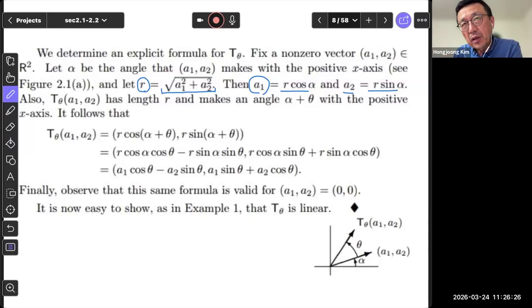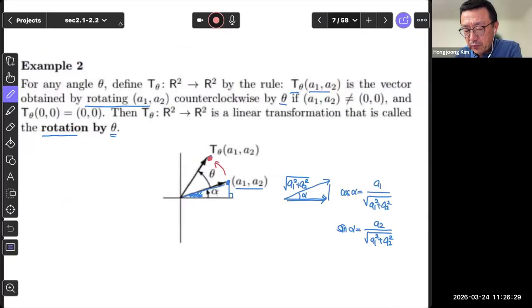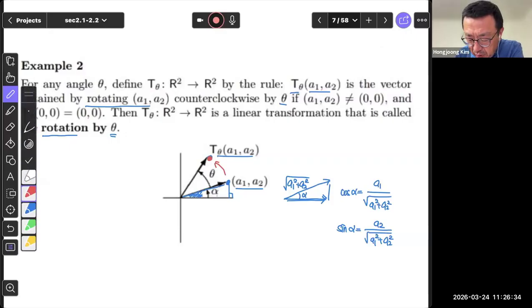Now, if I apply the same logic to the previous figure, when I consider the image vector T sub theta of a1 and a2, it will introduce a right triangle as well. In that case, the angle between this arrow and the x-axis will be theta plus alpha. Since I just rotated the arrow, the length is still r.